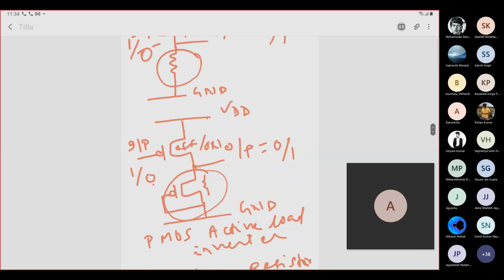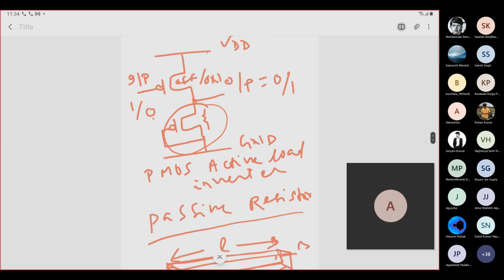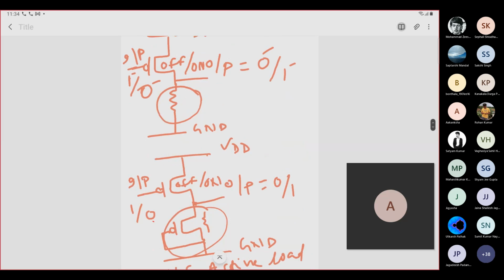Whether it is a passive load resistor or an active load, there is always some current flowing. If you look at this transistor, it is on, so some current will flow through this resistor.